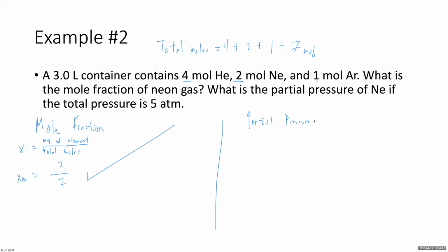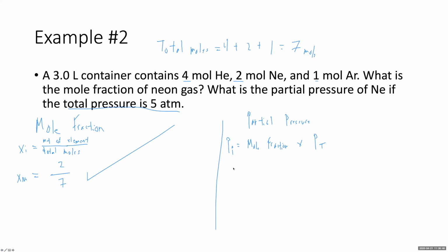The new formula states that your partial pressure, which we'll call P of P, is equal to your mole fraction multiplied by your total pressure. Let's just call this P of T for total pressure. So in our problem, we know our total pressure is 5 atmospheres, and we found our mole fraction, which is 2 over 7.